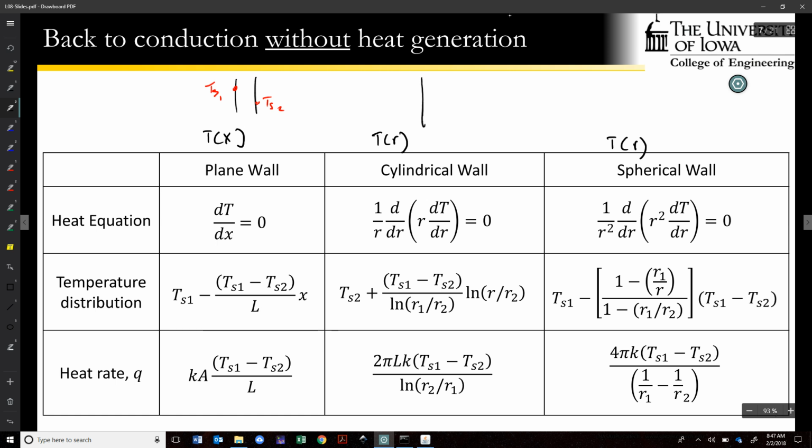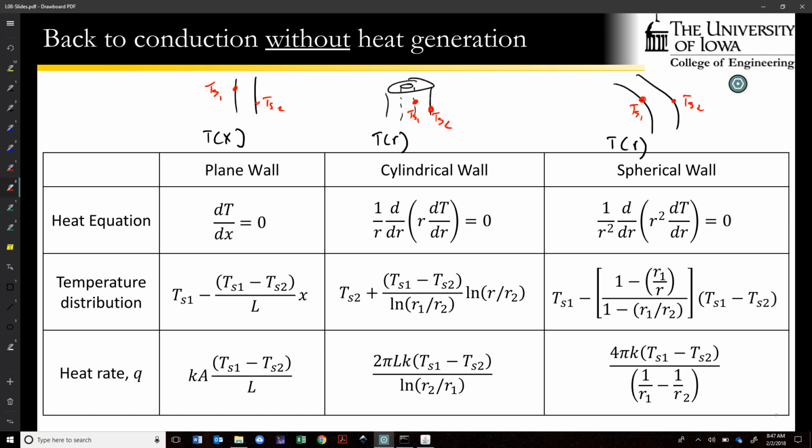In the cylindrical wall, that would mean Ts1 at the inside radius, Ts2 at the outside radius, and in the spherical wall, Ts1, Ts2.